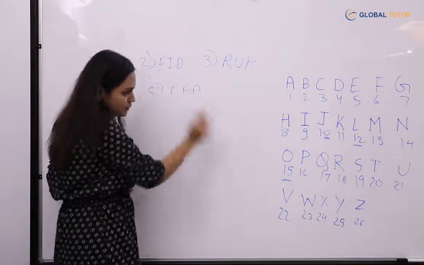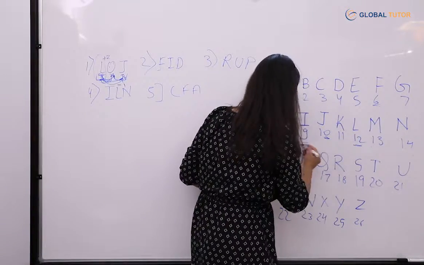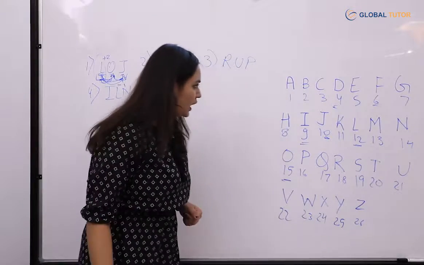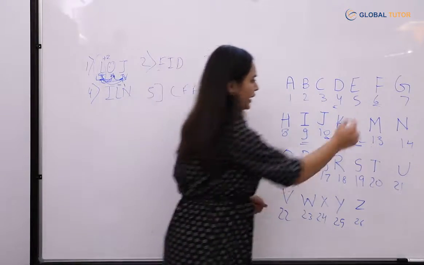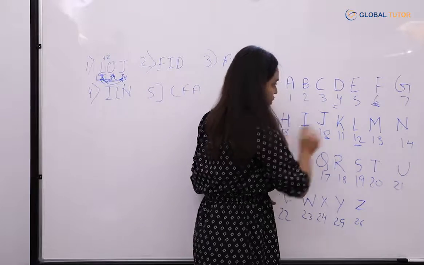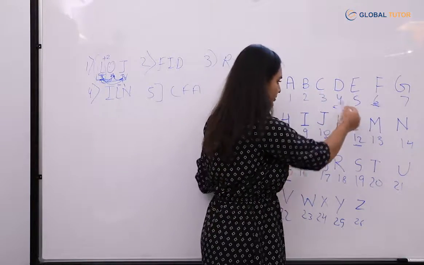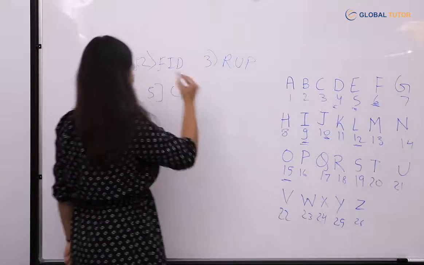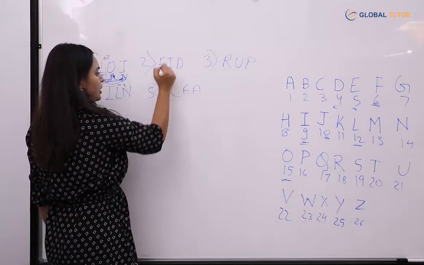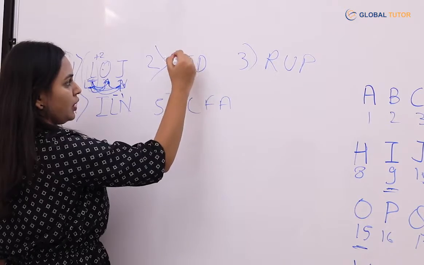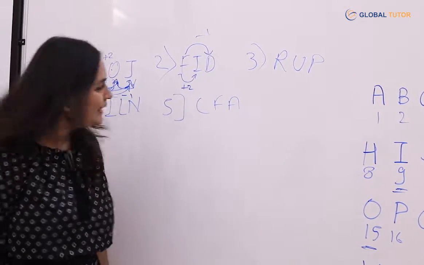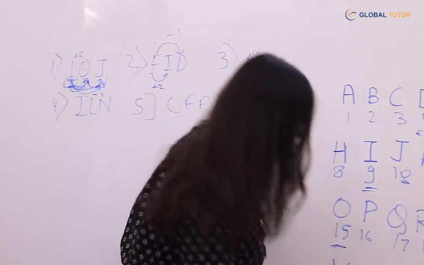Then we have FID. F and I have 2 letters between them, and D, which comes before F, has 1 letter between them. So again this follows the rule, F plus 2, minus 1. Let's check for RUP.